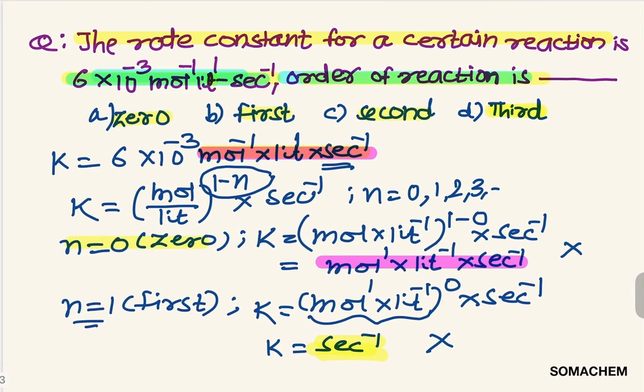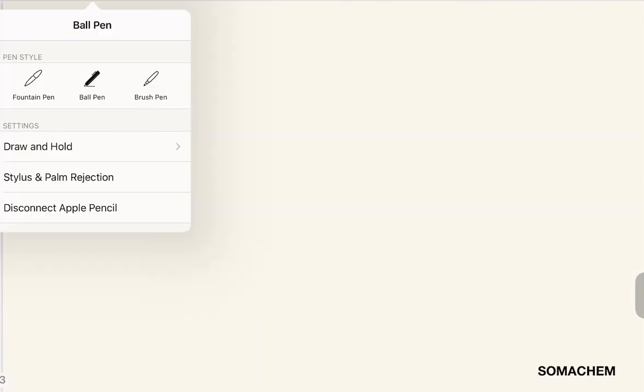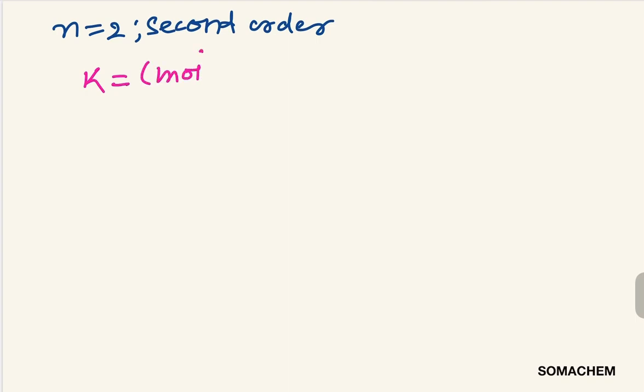Now I will go for n is equal to 2, that is second order reaction. So K is equal to mole to the power 1 liter to the power minus 1, 1 minus n, that is 1 minus 2, second to the power minus 1.